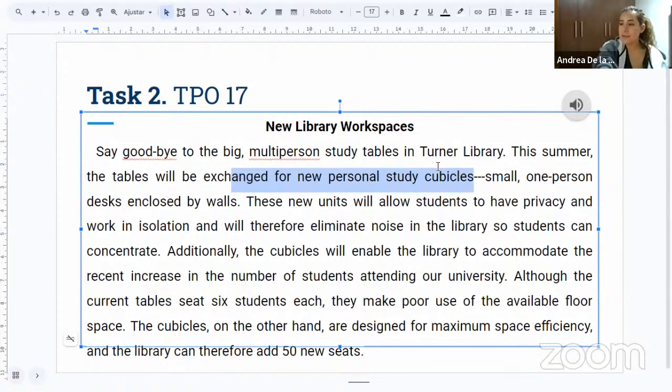The tables in the library will be switched to personal study cubicles, small one-person desks enclosed by walls. So you read until there, you find the change, you understand it, and then you write down a few notes. So: tables, exchange, study cubicles.